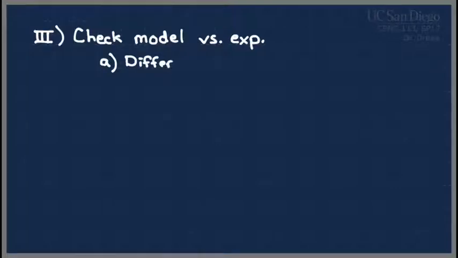There's 2 different approaches to this. One is a differential analysis, which is not related to a differential reactor. It just happens to have the same name.